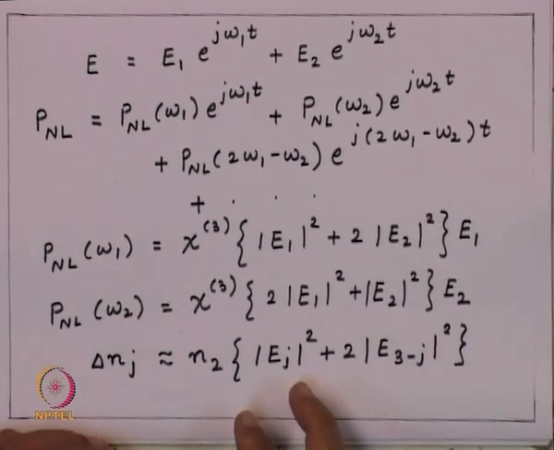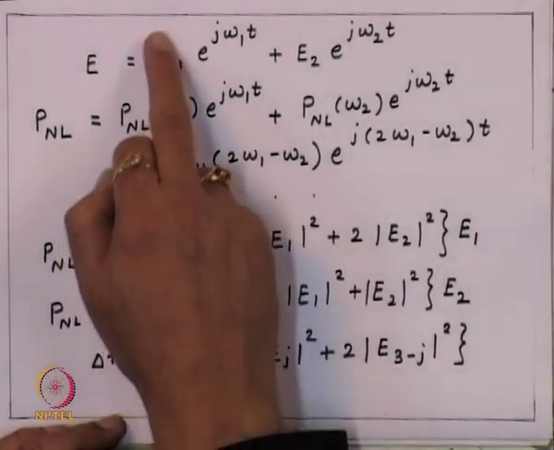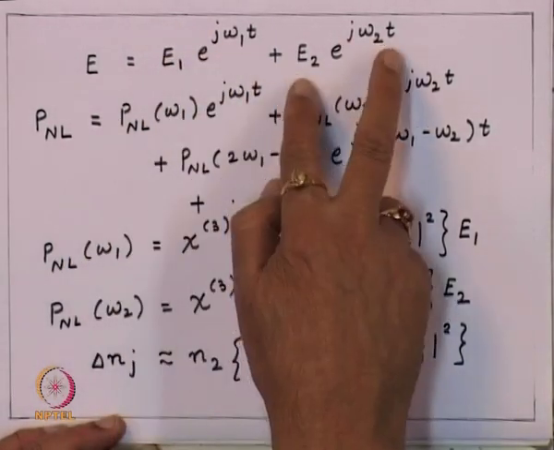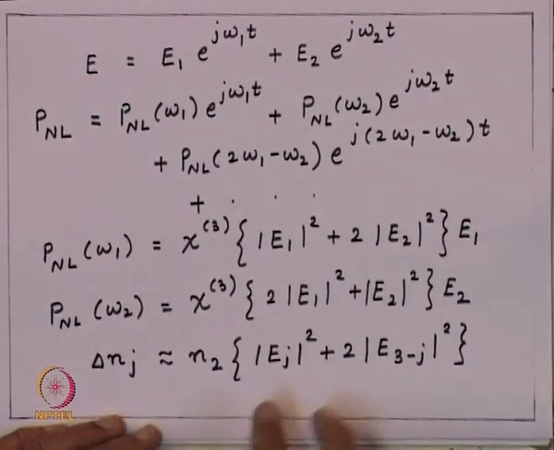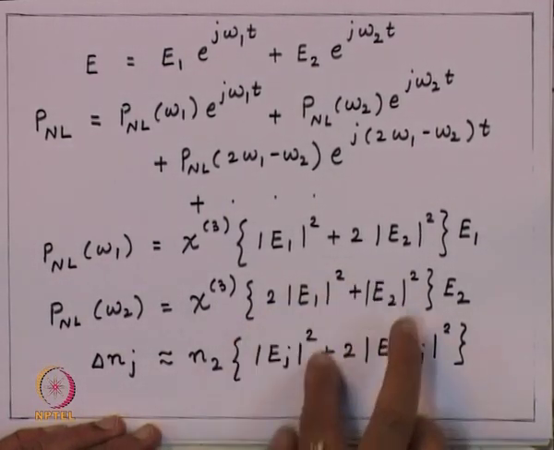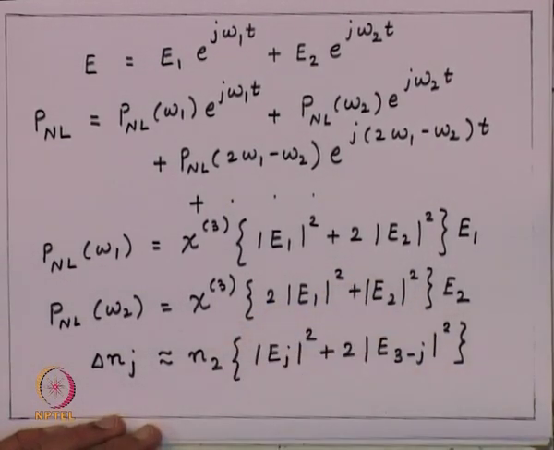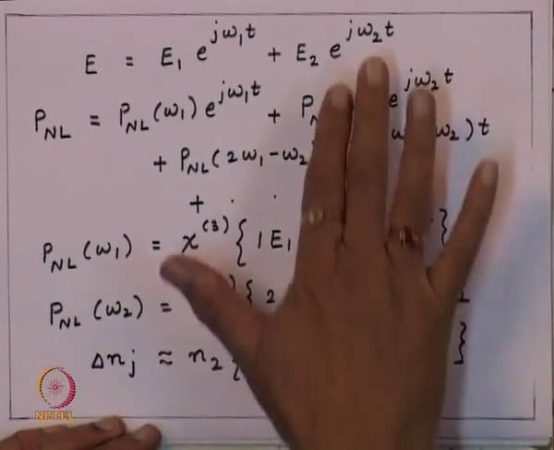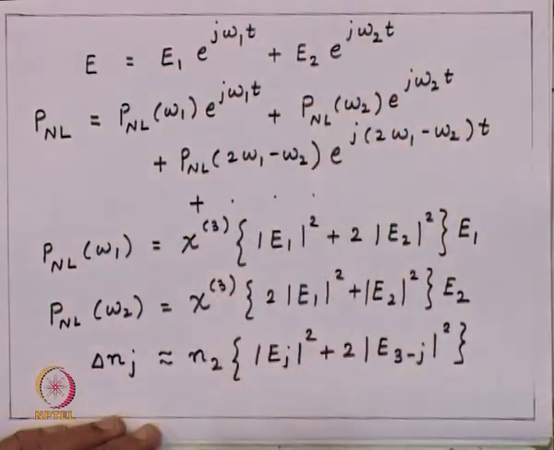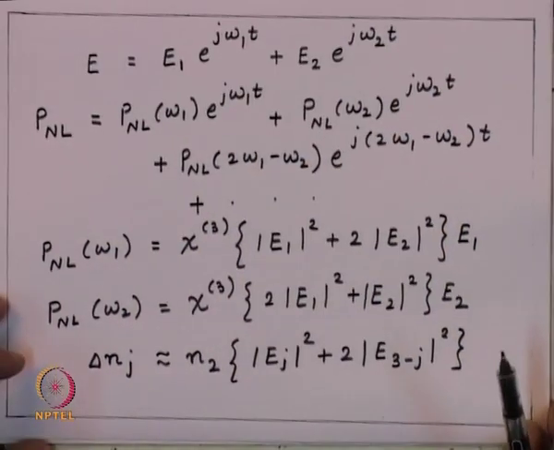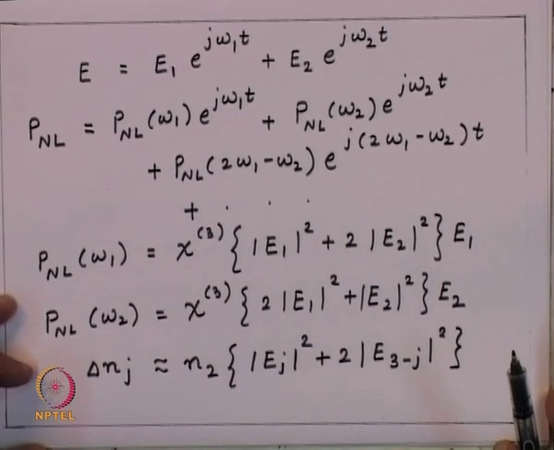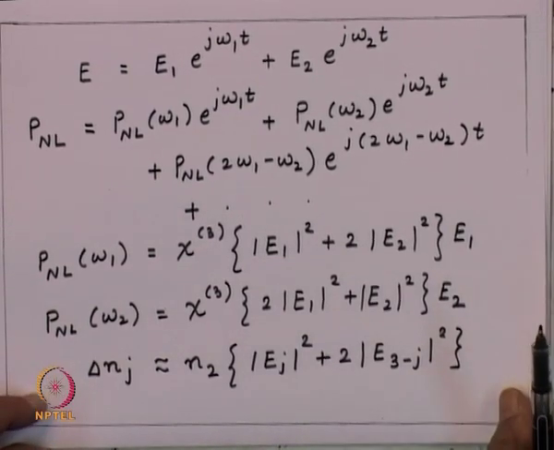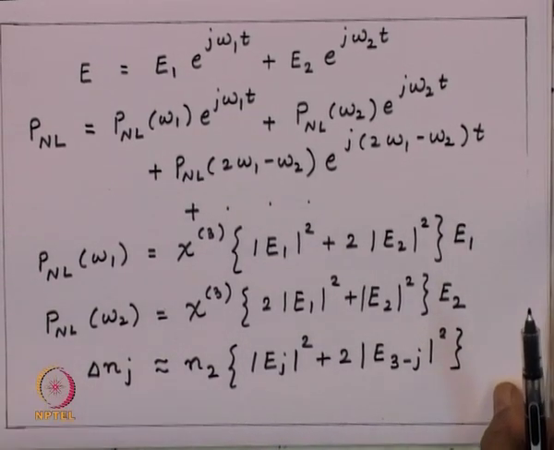So, it is possible that if this signal is very weak compared to this signal, the contribution coming because of this term is negligibly small, but this contribution could be very strong because the intensity of the other signal is much larger. So, due to the third order nonlinear susceptibility, we see this phenomenon called the cross phase modulation.